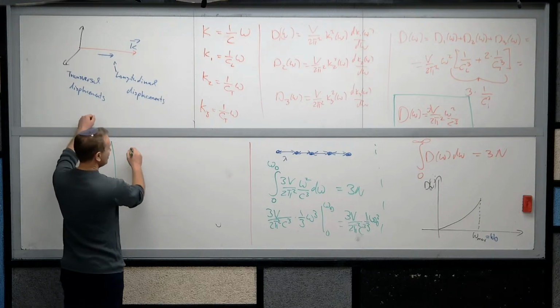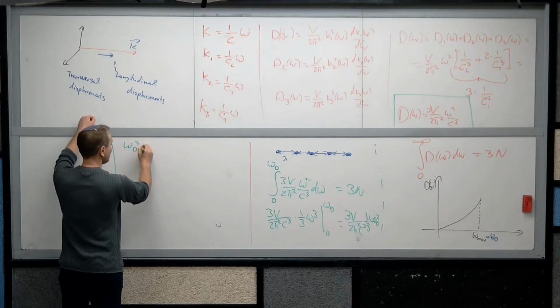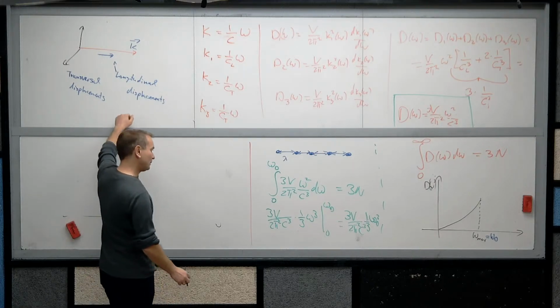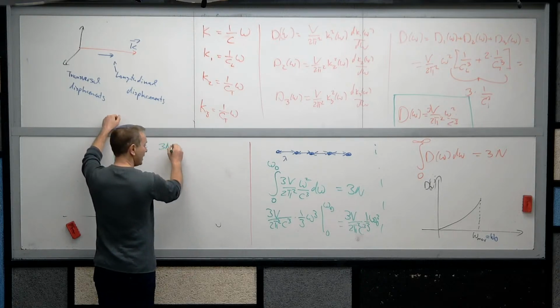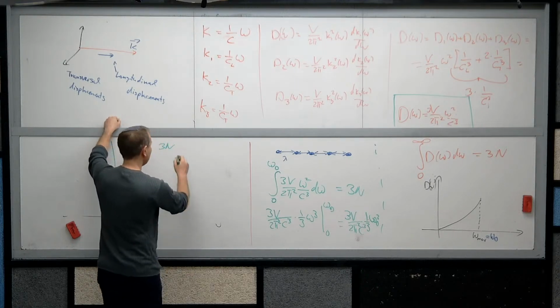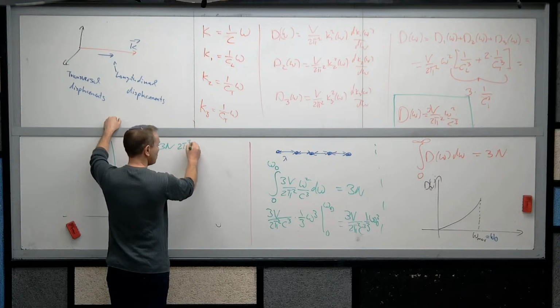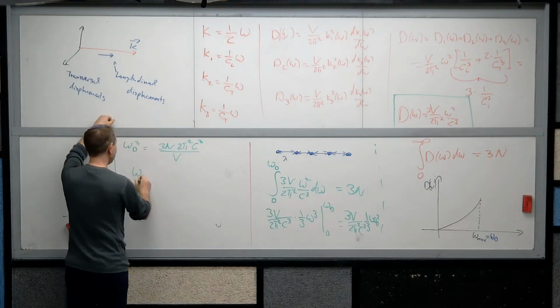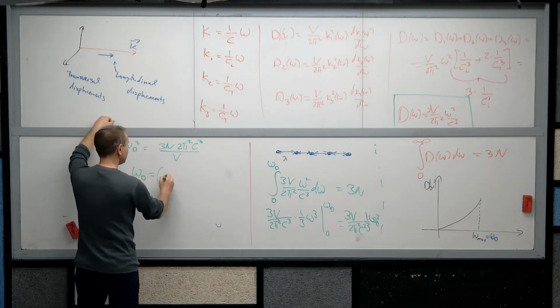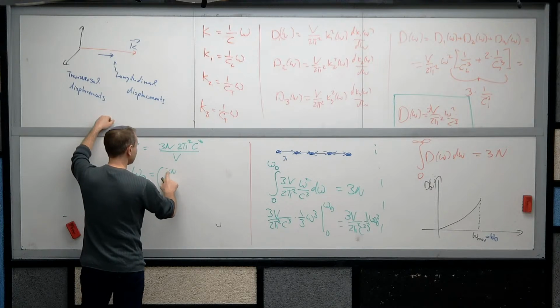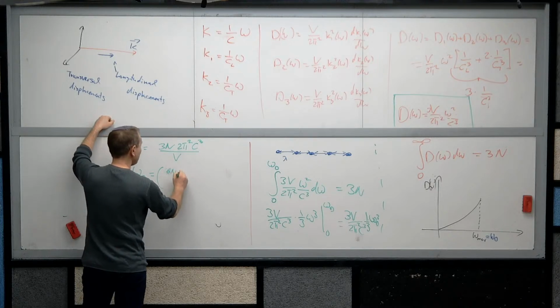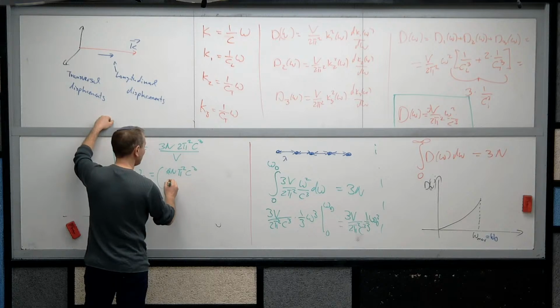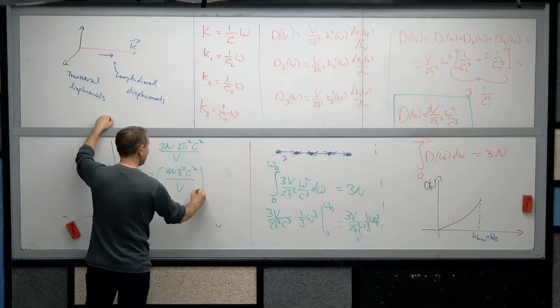So we have omega Debye to the third power equals 3N multiplied by 2 pi squared c to the third divided by V. So omega Debye is 6N pi squared c to the third over V, to the power 1/3.